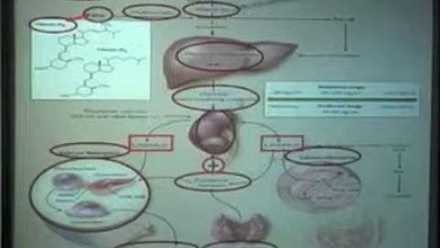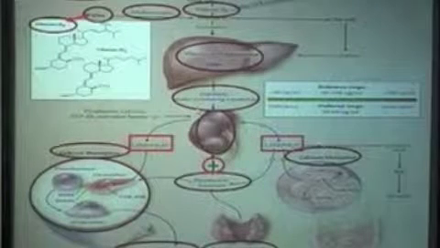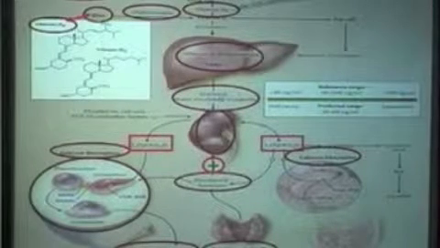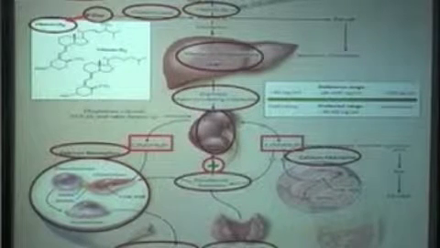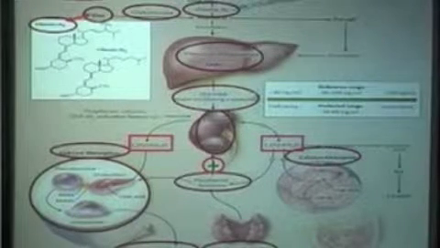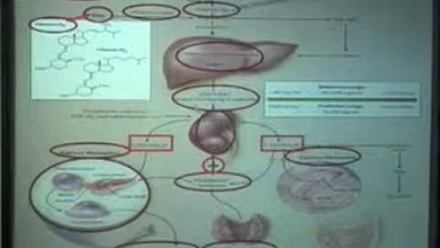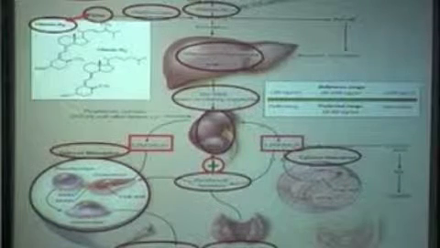This is the major circulating metabolite. What is? 25-hydroxyvitamin D. That's a major circulating metabolite, but is this the active form? Is this the form that will reabsorb your calcium? No, not quite yet.